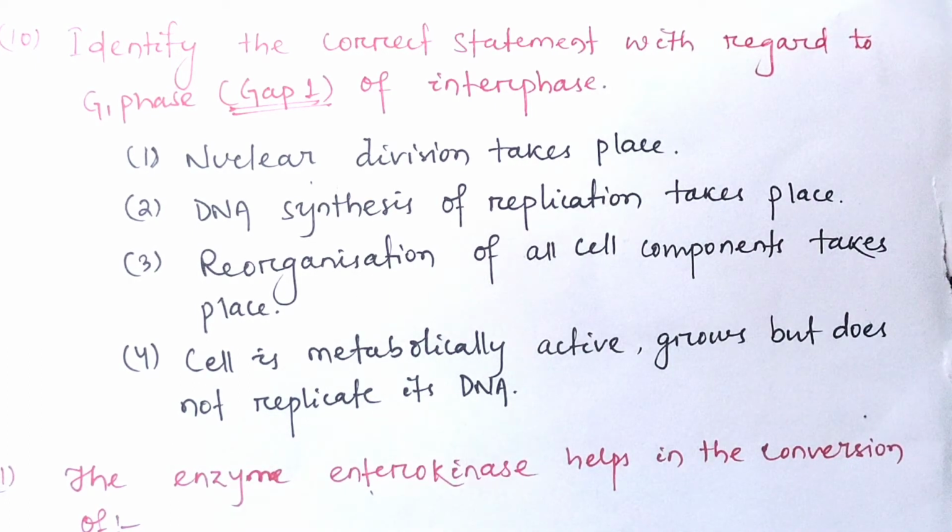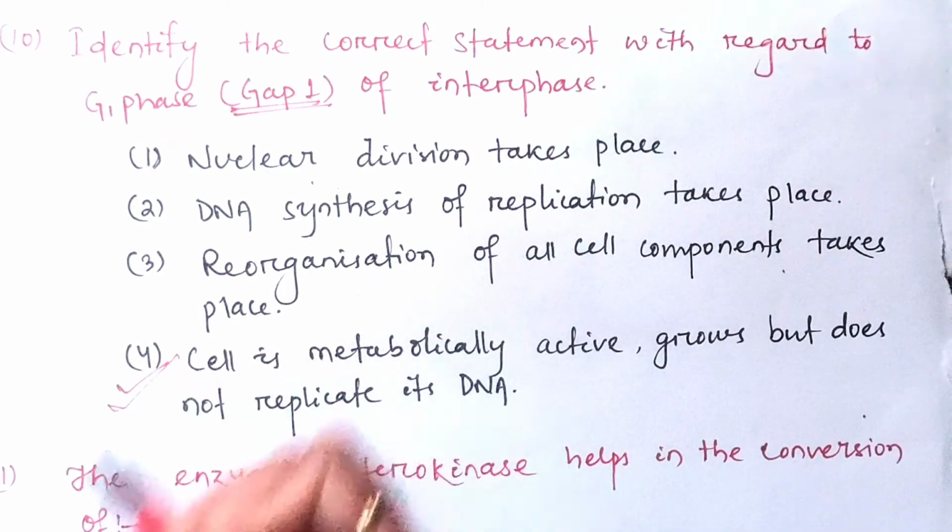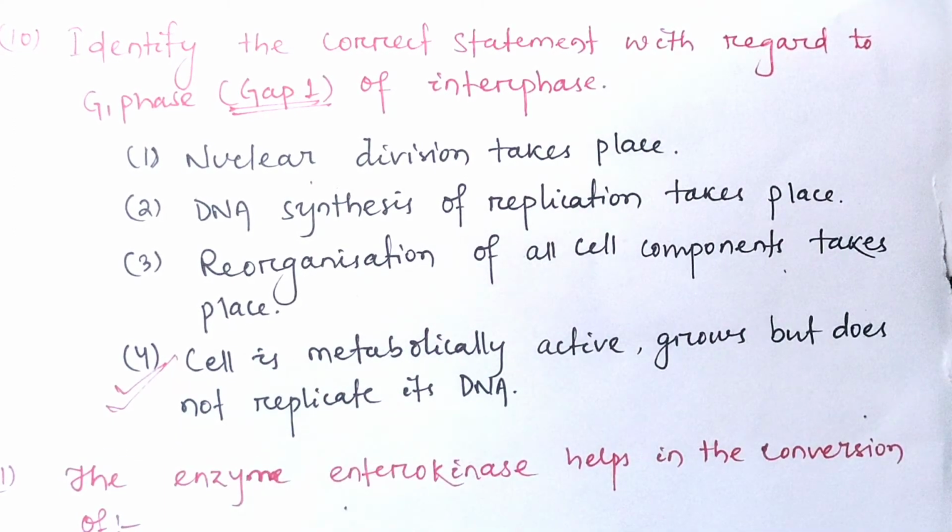And the synthesis or the replication process takes place in synthetic phase. So, in gap 1 phase, cell is metabolically active, grows but does not replicate its DNA. So, in gap 1 phase, DNA replication does not take place.